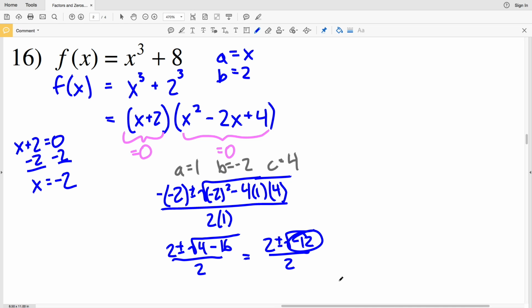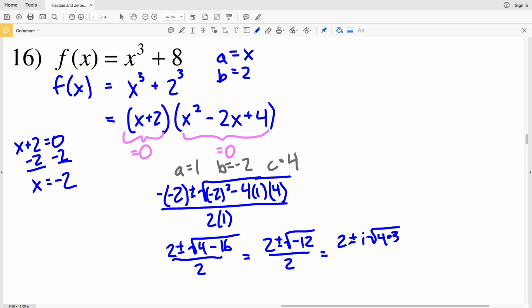Because this 12 is negative and inside that square root, I'm going to simplify by pulling out an i. So I'm going to have 2 plus or minus i times the square root of positive 12. However, I know that a perfect square is a multiple of 12, and that perfect square is 4. So 4 times 3 is equal to 12.